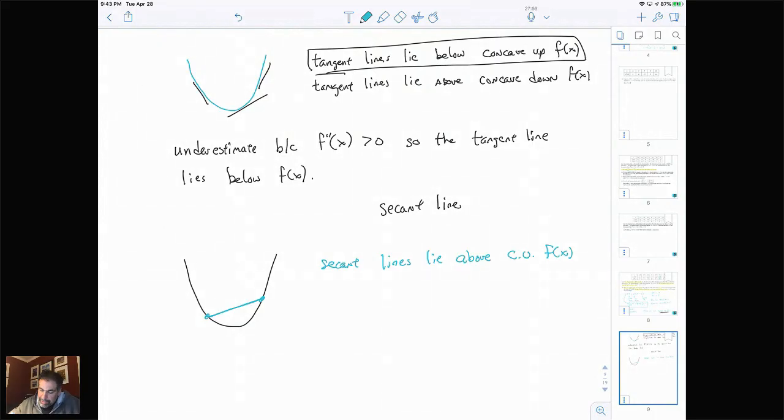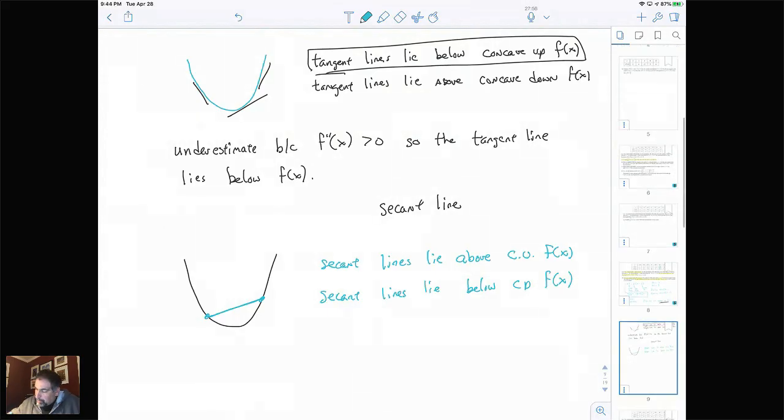And likewise, secant lines lie below the concave down shape. Okay, again, that hasn't been tested too often, but I've got the picture up. They go hand in hand, so you can see the relationship between tangent lines and secant lines in this case. Okay, so I hope that question is clear for everyone.